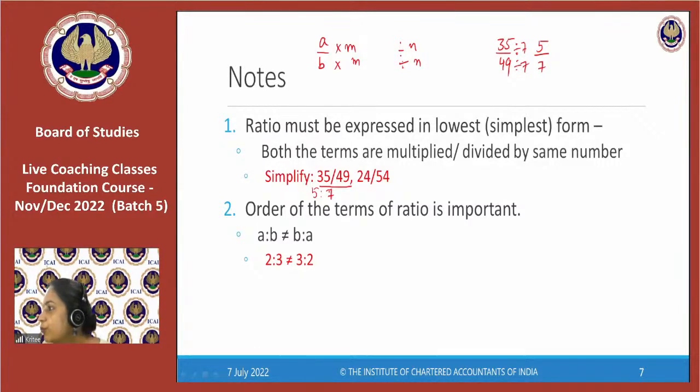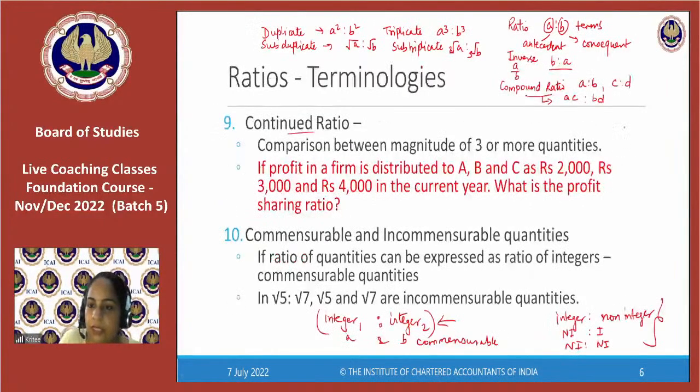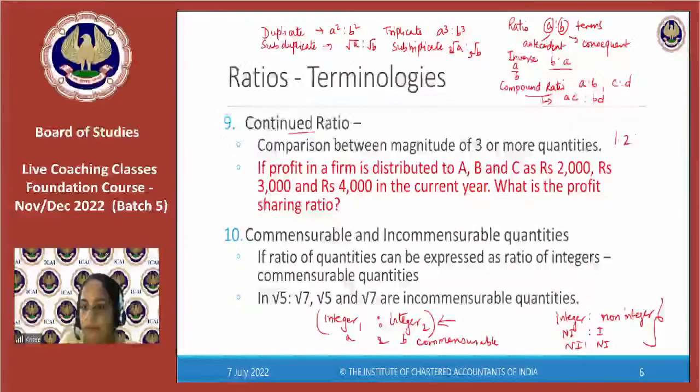Those of you who are asking me about decimal ratios, let me tell you, decimals can always be expressed in terms of integers. Say, for example, someone is asking me if 1 is to 2.5 is a commensurable quantity or not.